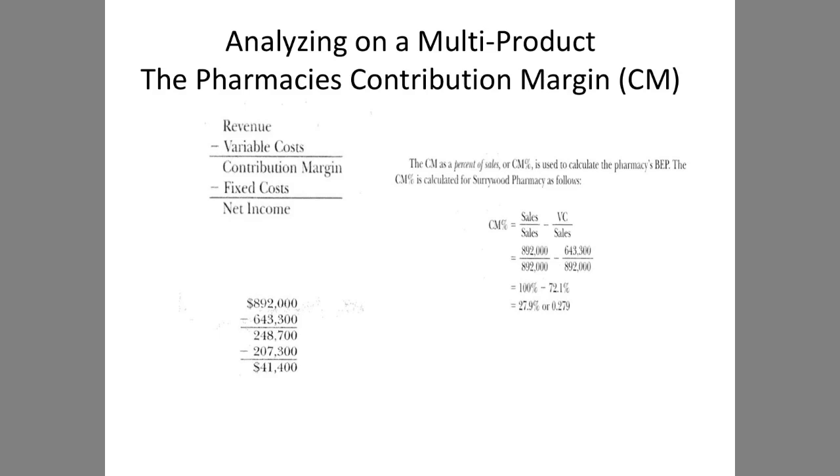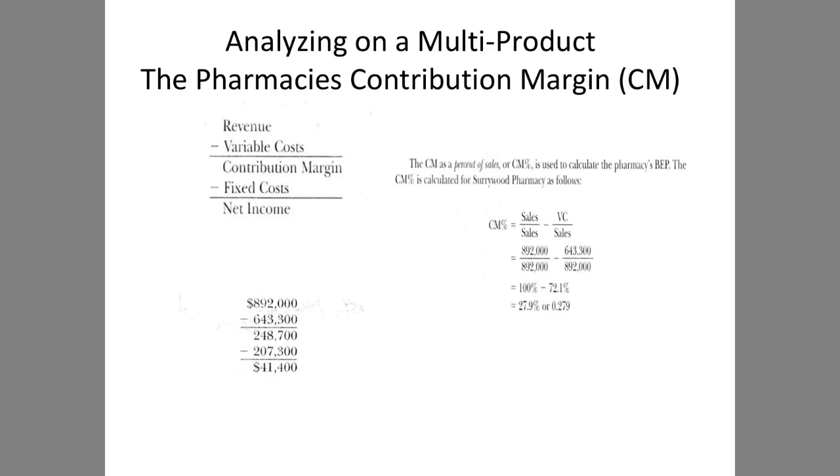Your contribution margin is the percent of sales used to calculate that break-even point. For example, if the revenue of this pharmacy was $892,000 and the variable cost was $643,000, the contribution margin was $248,700.